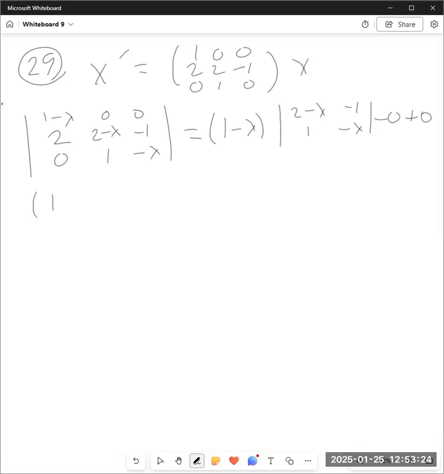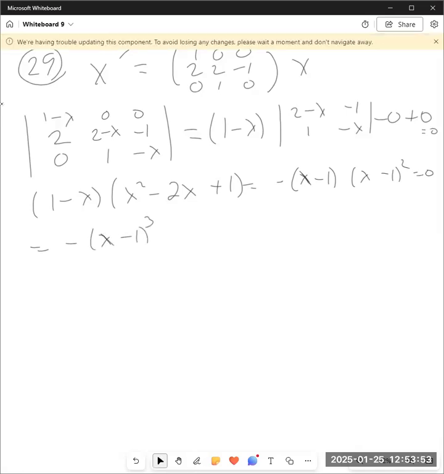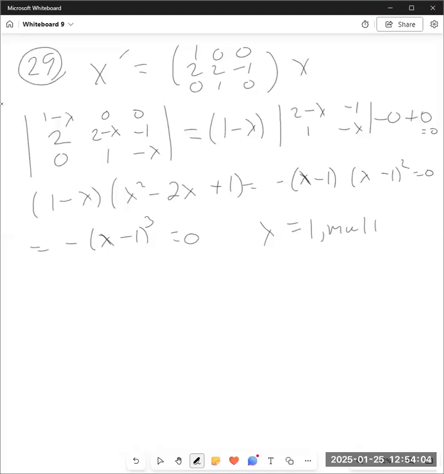So this is 1 minus lambda times lambda squared minus 2 lambda plus 1, is a negative lambda minus 1 times lambda minus 1 squared, is a negative lambda minus 1 cubed. So this is the first time and the only example that I'm going to do where we have a multiplicity of 3.